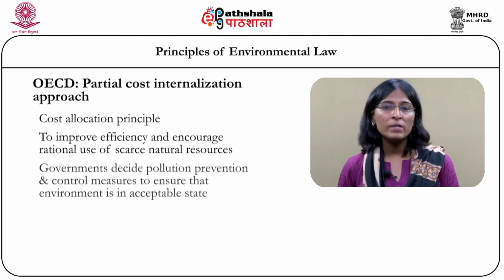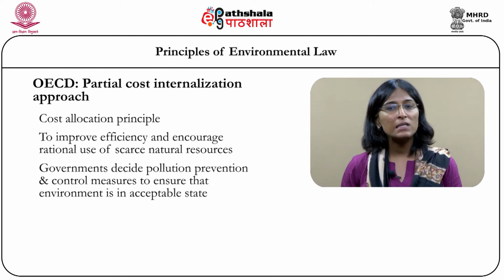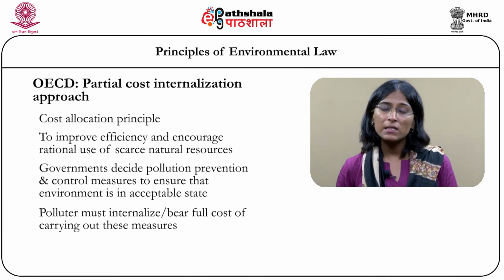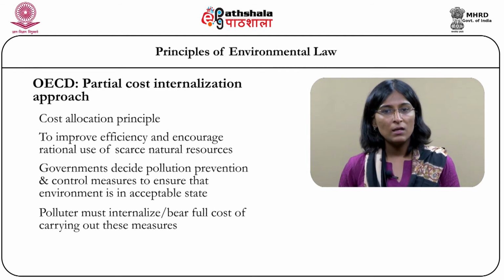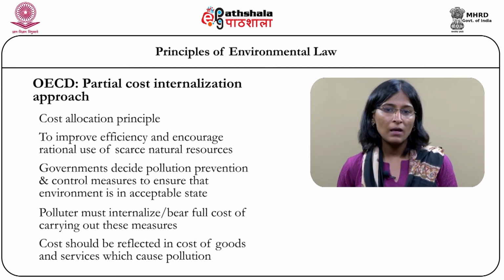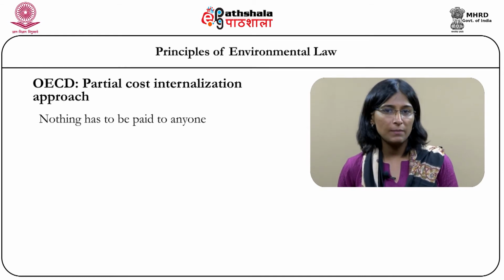Here, the government is responsible for deciding pollution prevention and control measures to ensure that the environment is in an acceptable state, and the polluter is required to internalize or bear the full cost of carrying out these measures. These costs should then be reflected in the cost of the goods or services which cause the pollution. In this case, nothing has to be paid to anyone. Therefore, when we state that the polluter pays principle is being applied, no actual payment is being made.